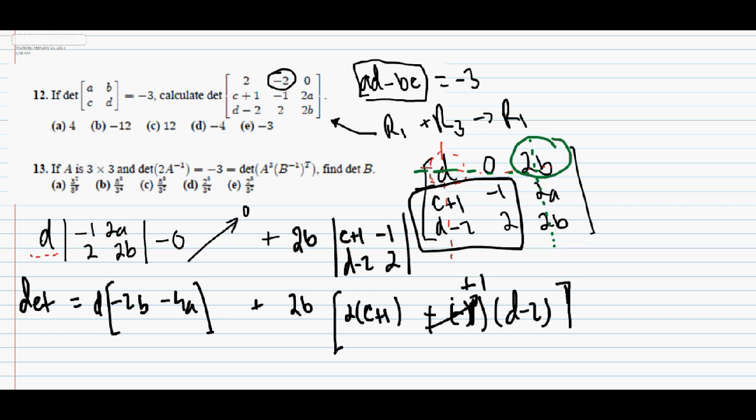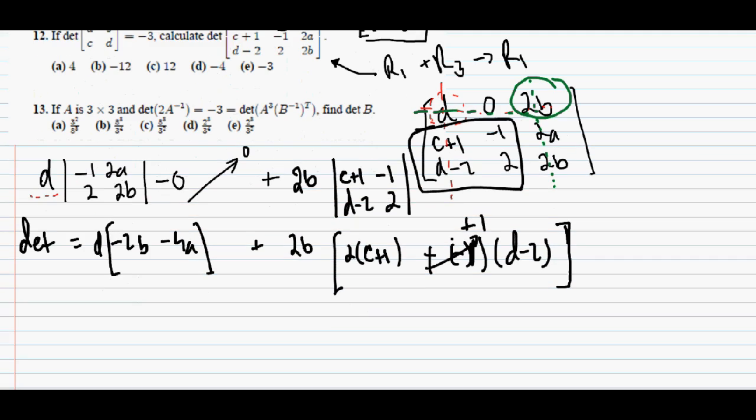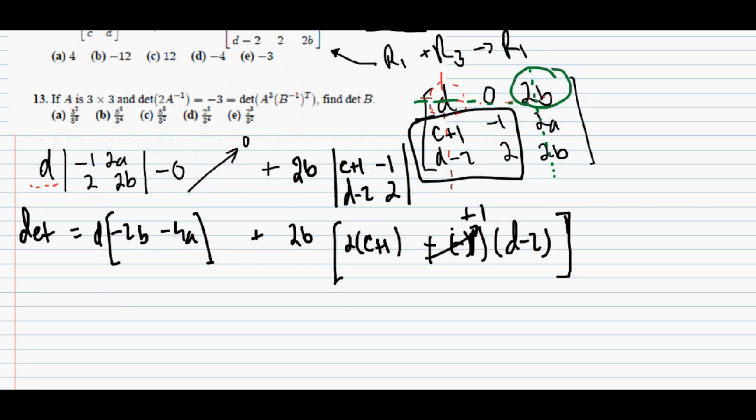What do we get here? After expanding all that out, we should get something that looks like this. We get 2b times 2c plus 2 plus d minus 2. Cancels, cancels.